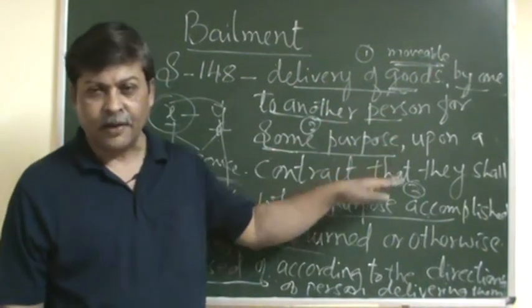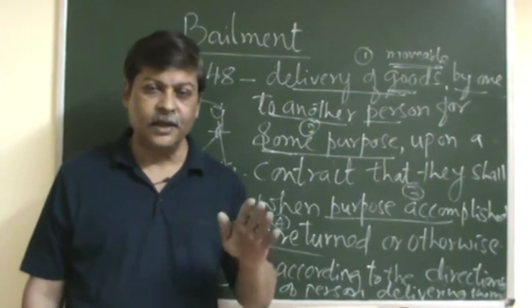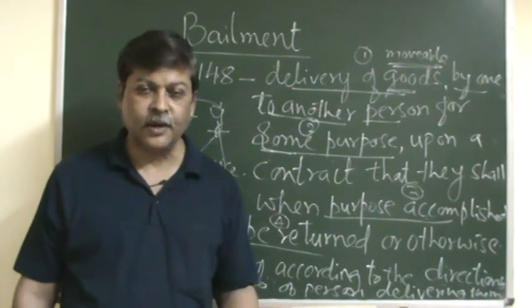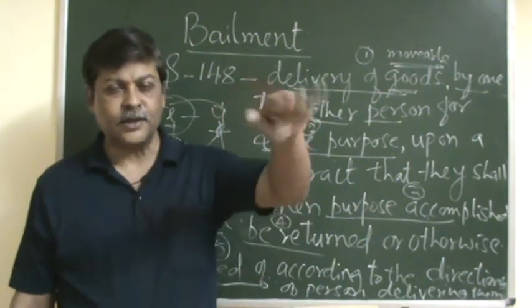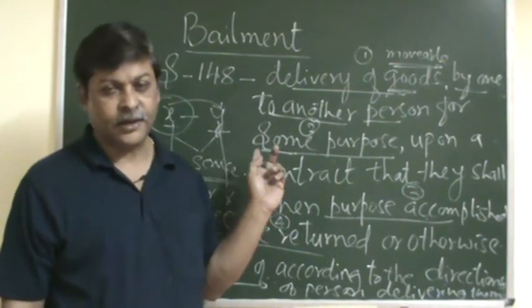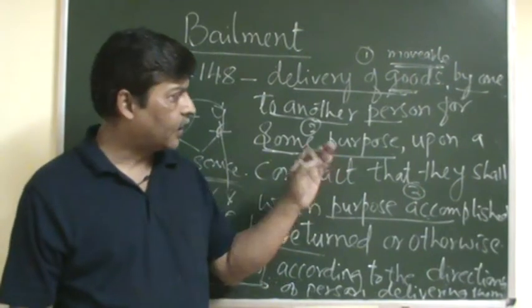And if the bailor says that instead of returning the goods, you can dispose of the goods as per his directions, whatever directions he gives, you can dispose of those goods. Otherwise, the bailee has to return the goods. This is what is meant by the contract of bailment.